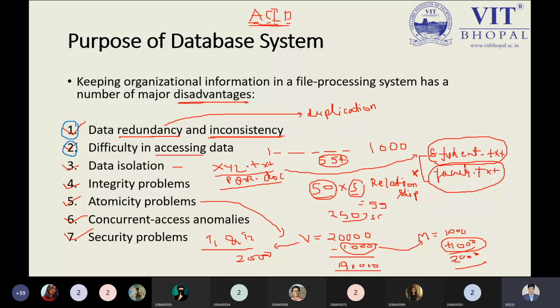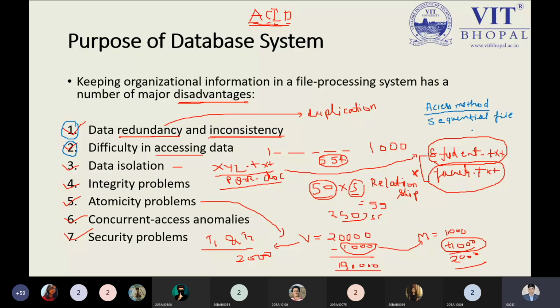What is the problem in our traditional file system? This I can write over here. In the traditional file system, we have the access method. This is a part of the operating system, so you have to understand. In the traditional file system, we have to use the sequential file access method.